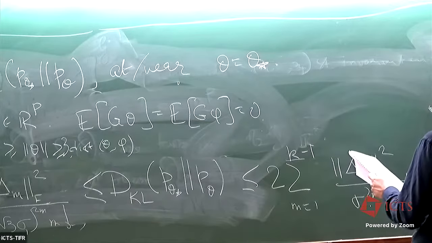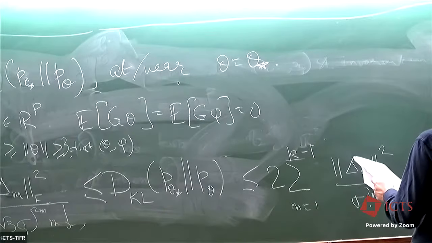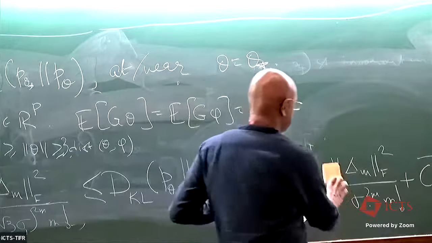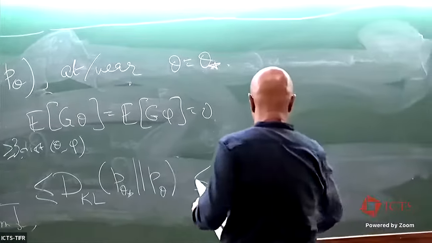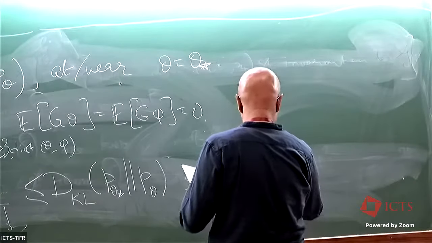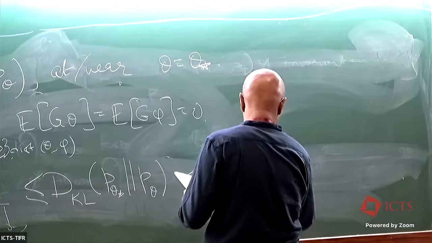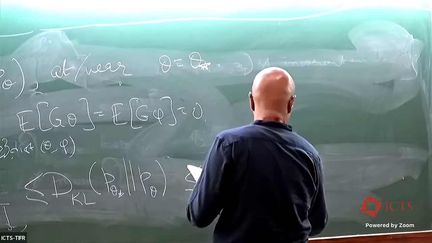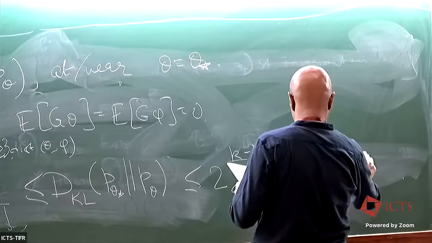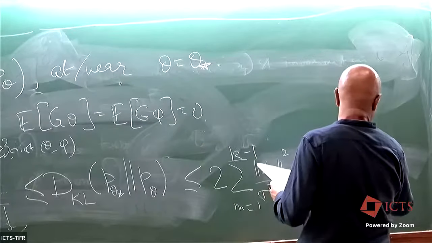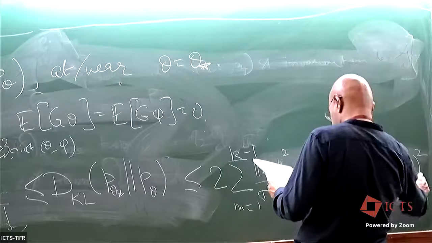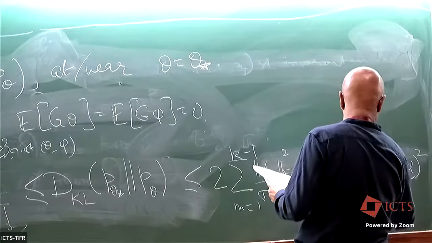So for the rest of the terms, we have it's 2 distance, appropriate distance between theta and phi square divided by sigma to the 2k.